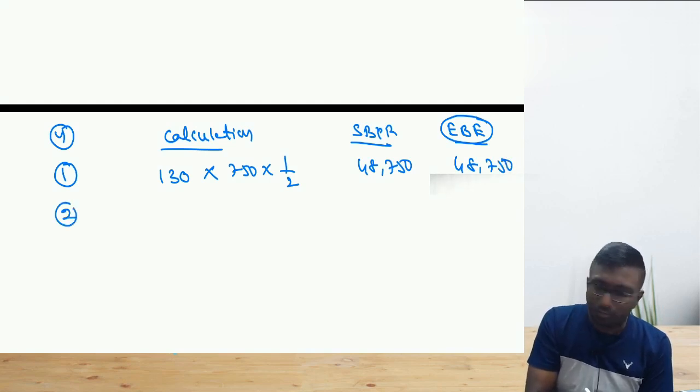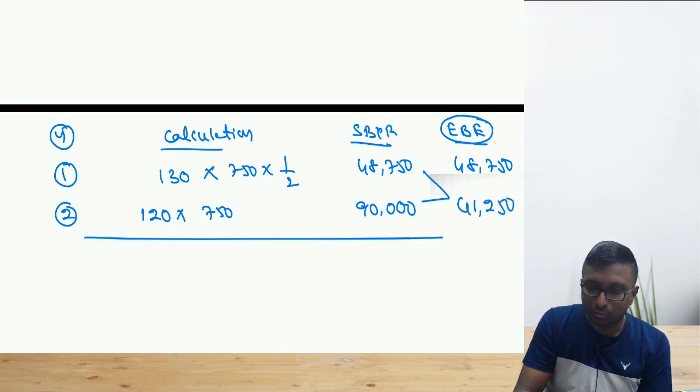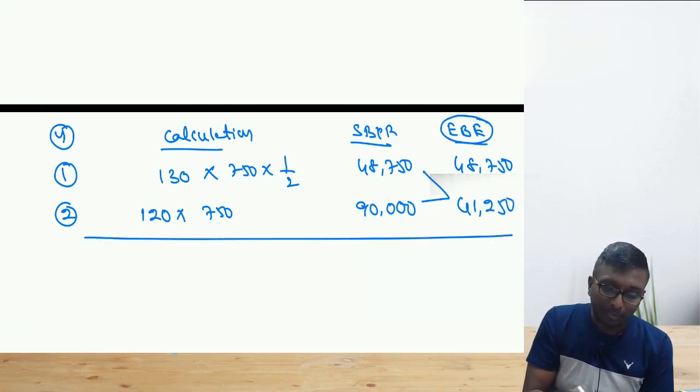Second year: 120 into 750 equals 90,000, and the difference is 41,250. Over.